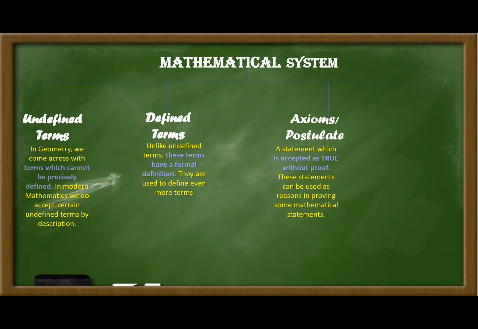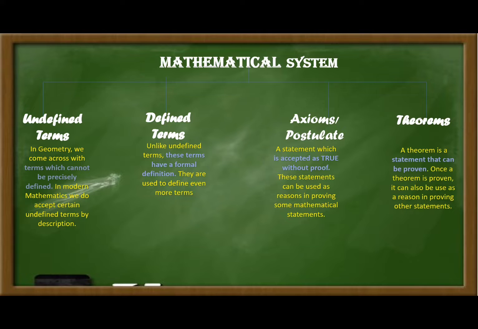These statements can be used as reasons in proving some mathematical statements. Then we have the theorems. A theorem is a statement that can be proven. Once a theorem is proven, it can also be used as a reason in proving other statements.